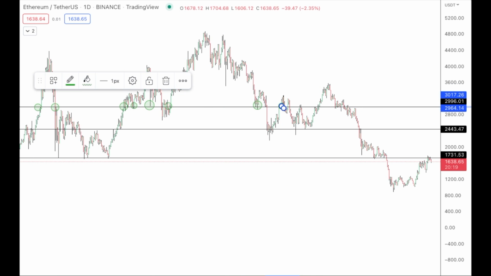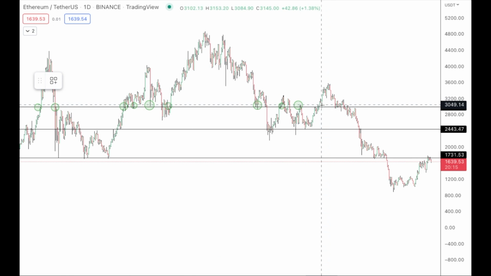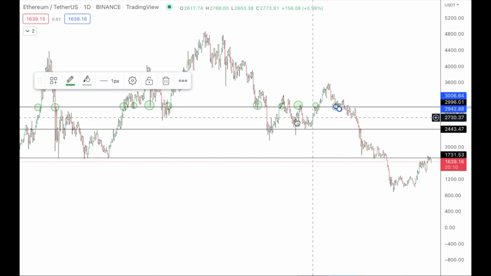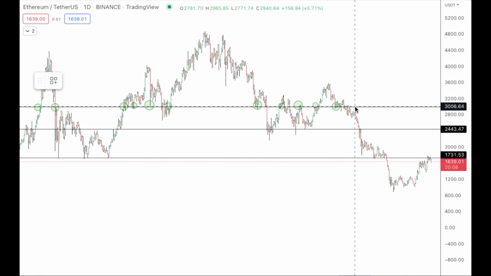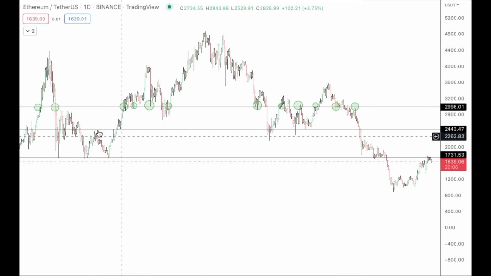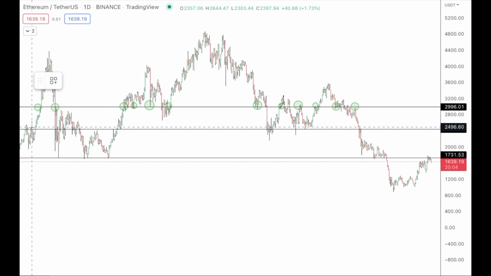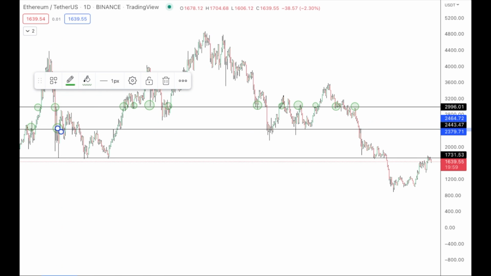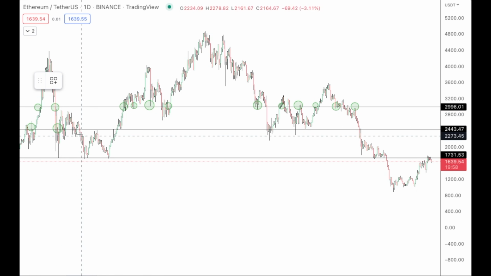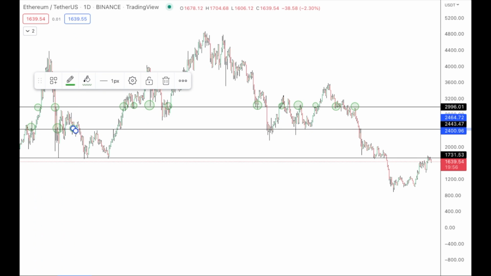And as you can see, while I was adding some of these lines, I did have to adjust it to see where was the area that had the most hits, rather than just one very clear area that was higher up or higher low. I had to sometimes adjust them slightly higher or slightly lower. I'm just going to go through it.